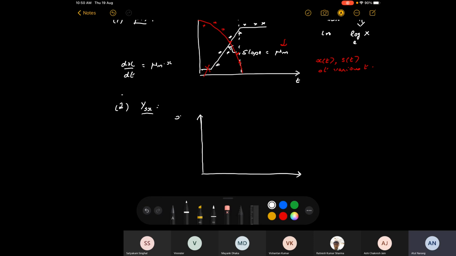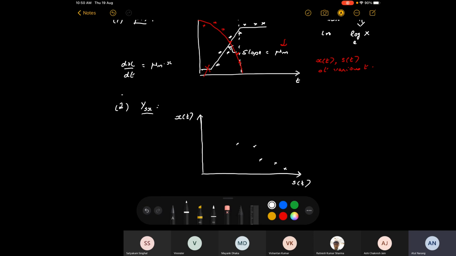Here you plot x of t and here you plot the corresponding s of t. So essentially at the beginning, you will have lots of substrate and very few cells, right? That's how the experiment begins. You can see on top, you start with a small quantity of cells. So you will have a point here. Then after some time, the substrate concentration will come down, but the cell density will go up. So you get another point here, then another point here, then another point here, then another point here.